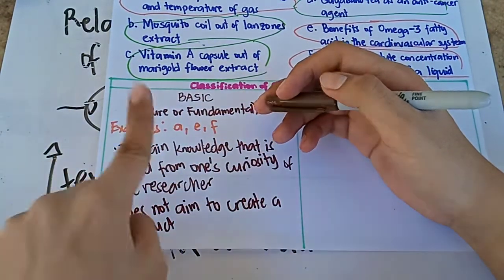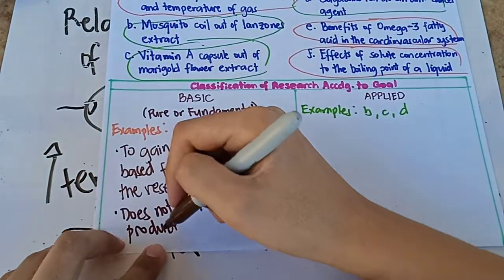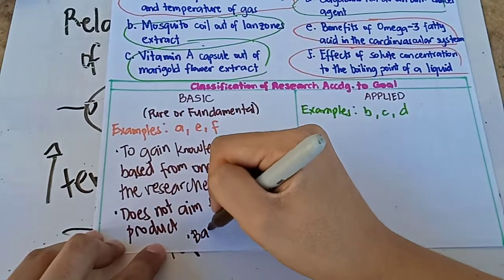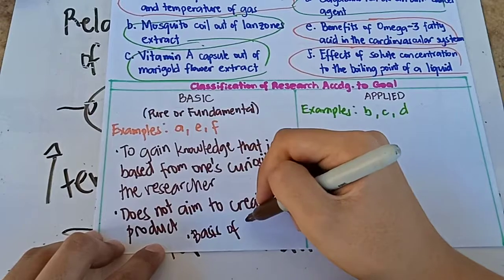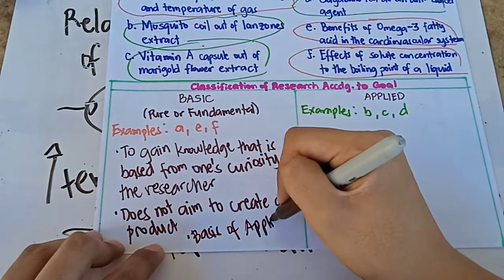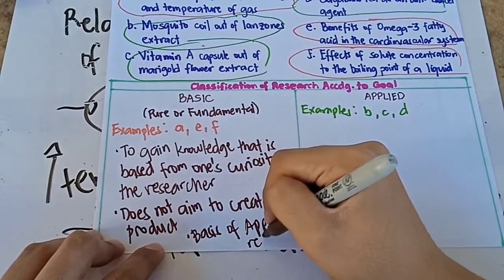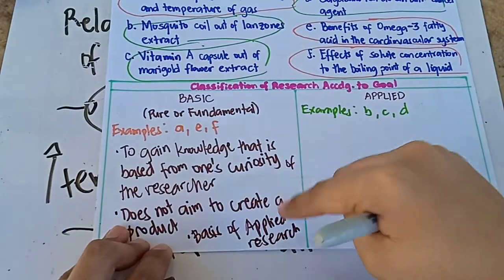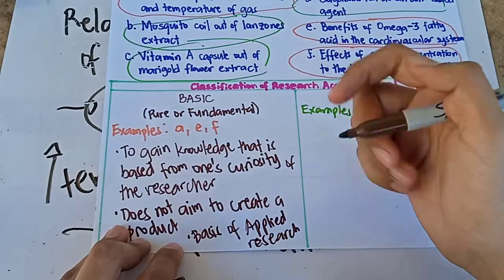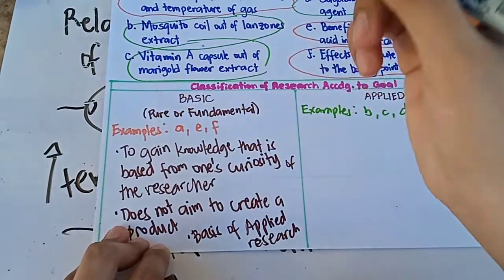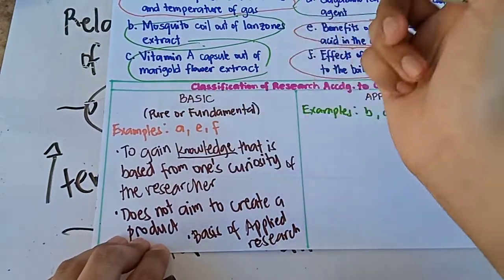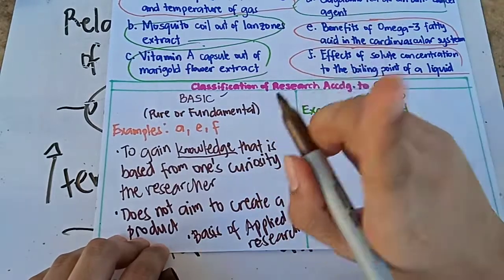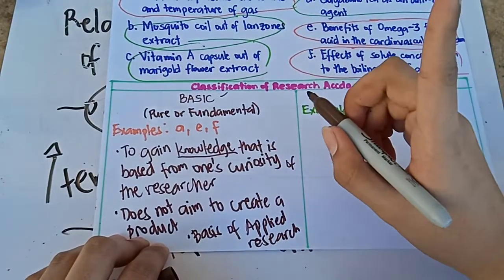However, basic research is the basis, the foundation of applied research. Why? Because without the knowledge given by basic research, we cannot create a product.